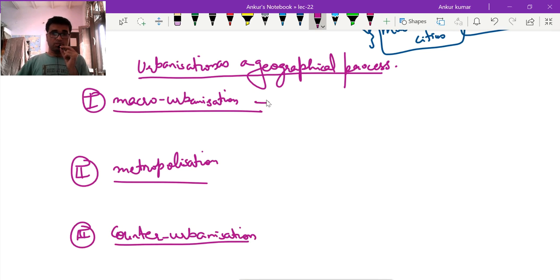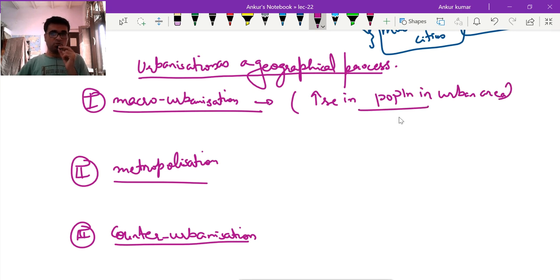See, in macro urbanization we will study the increase in population in urban areas. Now this increase in population in urban areas does not happen in a linear fashion. It has some correlation with the demographic transition model.